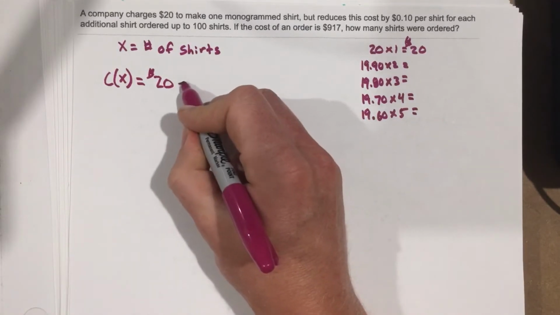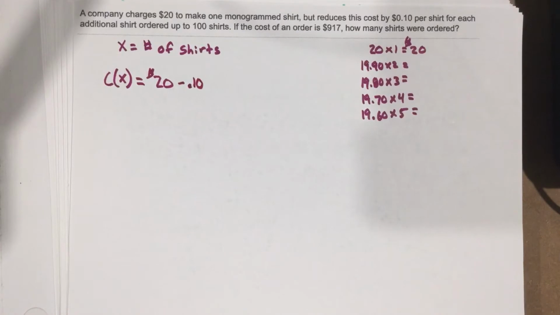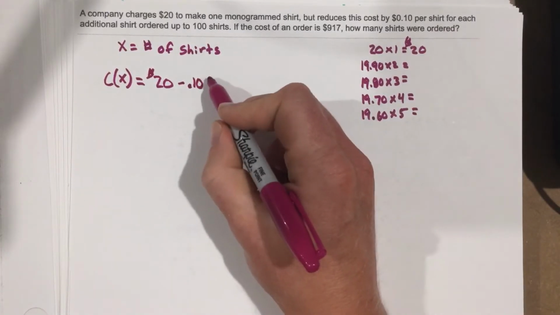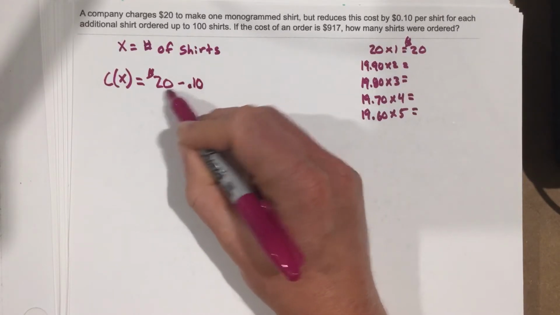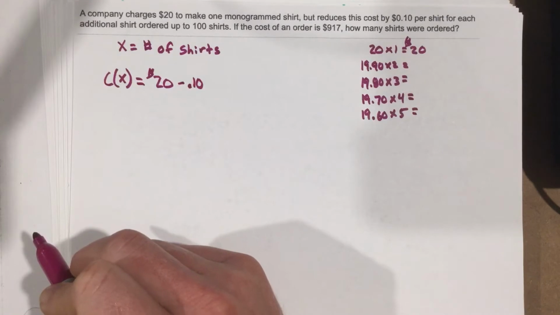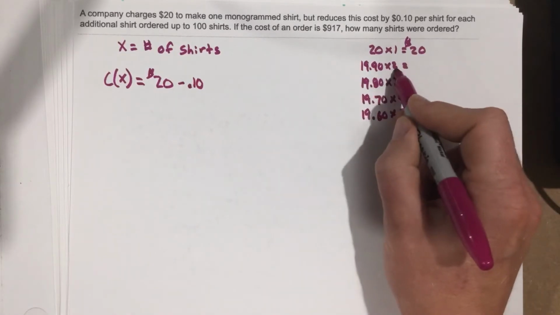We need to subtract out 10 cents. But do we subtract out 10 cents for the first shirt? Because if I put X right here and I plug in a 1 for that variable, that's now $19.90. I don't really want to do that. I don't want to start subtracting until I get to the second shirt, right?